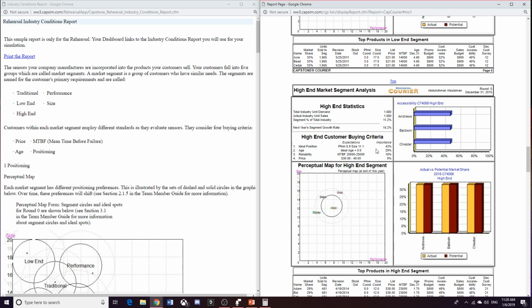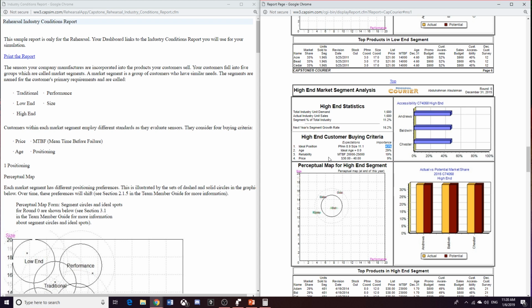So you need to make sure that you pay attention to the importance in here, and do your best to satisfy each customer based on the customer buying criteria that they have and the importance, because each segment cares about these things. So for example, if you have the highest priced product in the high end segment, it's not very important.